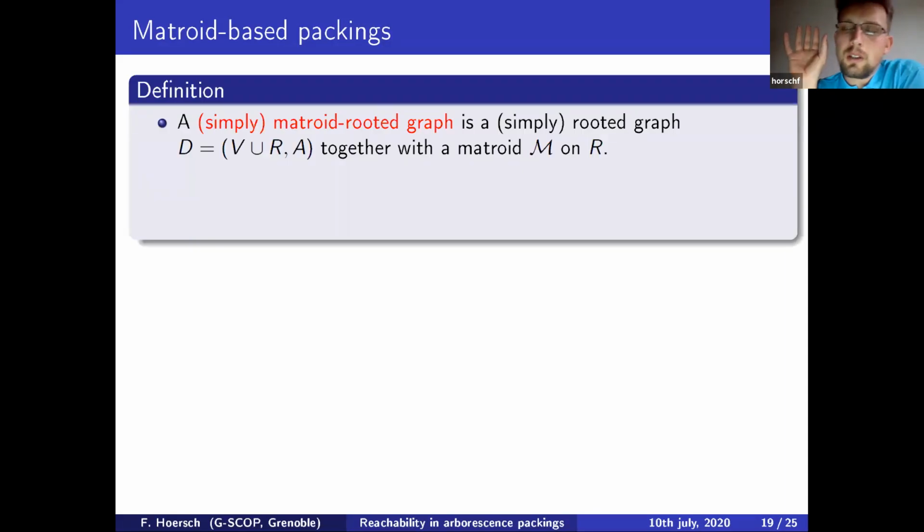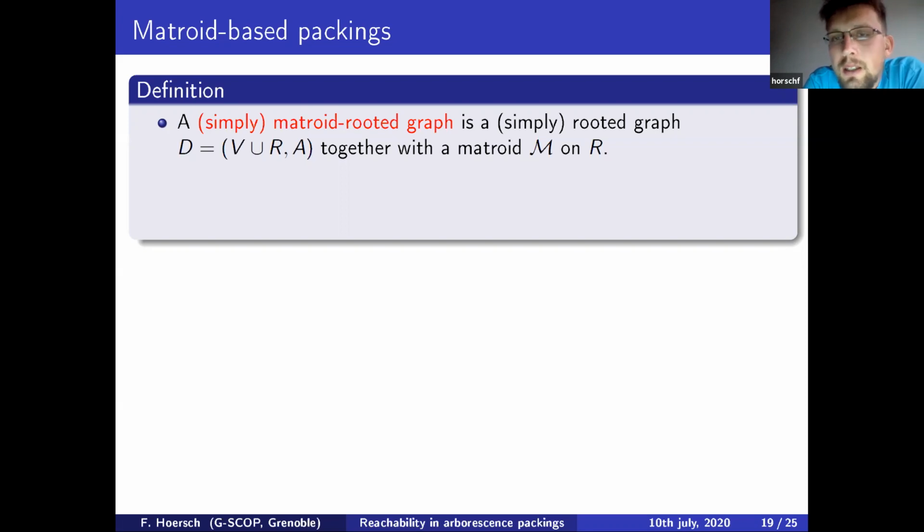So now I am in a slightly different setting. I say, first, what I'm looking at is Matroid-rooted graphs. And what that is, I take a rooted graph as I had it before, where V and R are separate. And now I additionally define a matroid on that root set. And what that gives me, now what do I want from my packing?